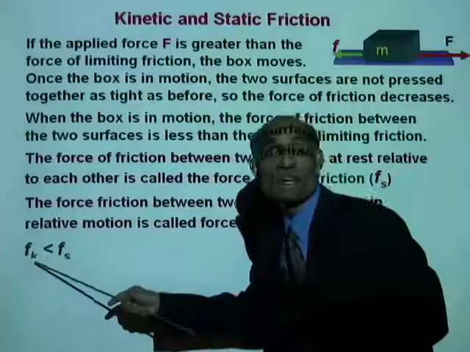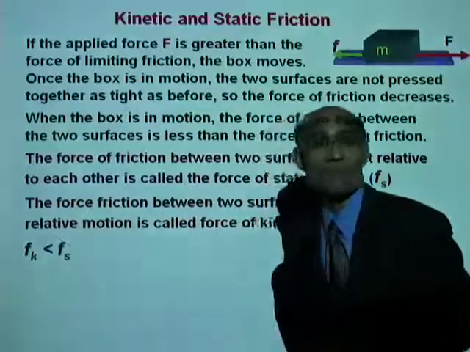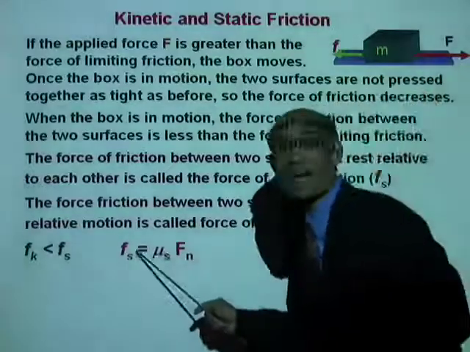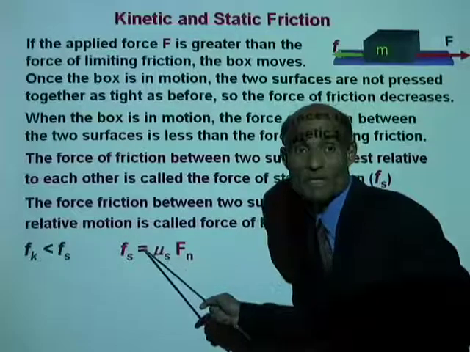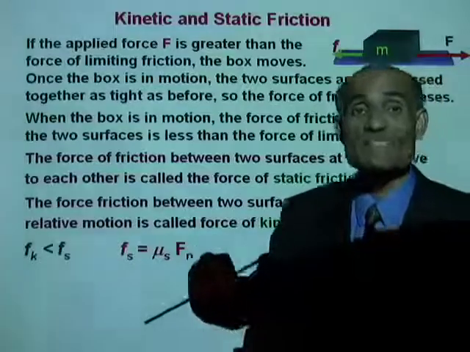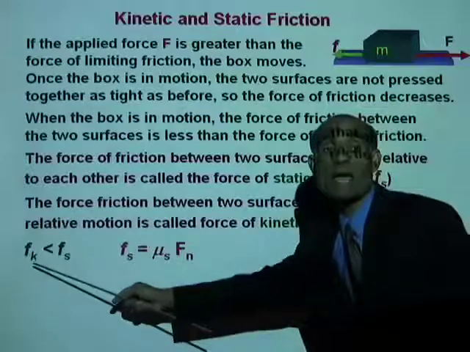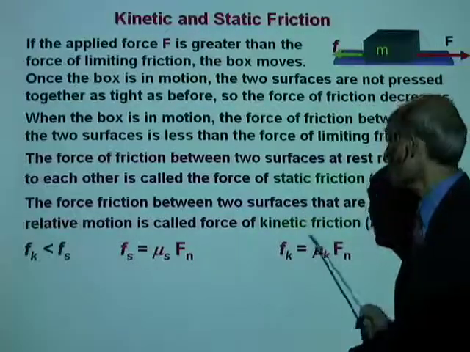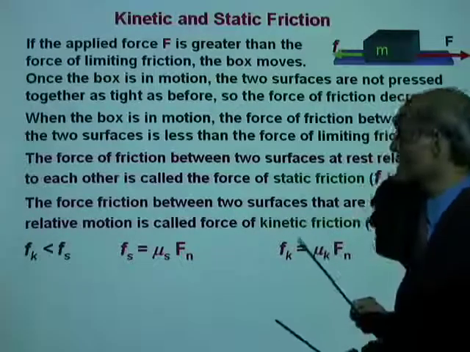Well, you know that the force of kinetic friction is less than the force of static friction. And F_s can be written as mu_s times F_n, is that right? Where mu_s is called the coefficient of static friction. And what will be the equation then for F_k? F_k will be mu_k F_n, where mu_k is the coefficient of kinetic friction.